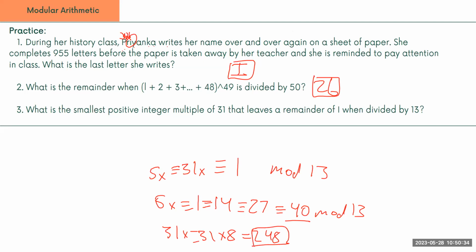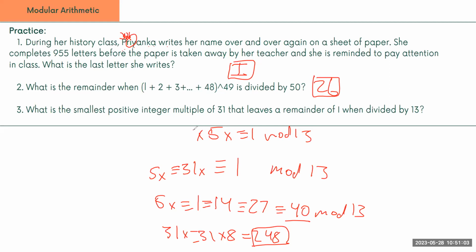And notice that if you want to learn more about this kind of stuff, and how to do division in modular arithmetic, they're called inverses. Basically what they're saying is, as you multiply something by this number, it's going to equal 1, right? So it's like a shorthand way of dividing. Because if we say 5x is congruent to 1 mod 13, the modular inverse of 5 mod 13 is going to be 8.